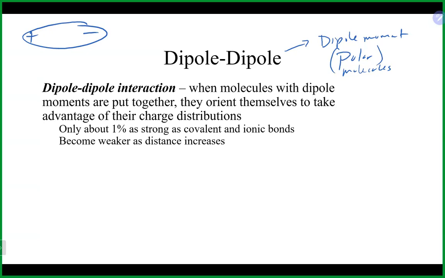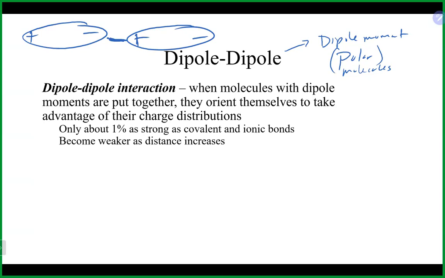So when two polar molecules get near each other, it works really well, because the positive side of one and the negative side of another are going to be attracted to one another, and they will bond pretty strongly. They are only about 1% as strong as covalent or ionic bonds, because covalent and ionic bonds, as we just talked about, are intramolecular forces, so they're much, much stronger than that.